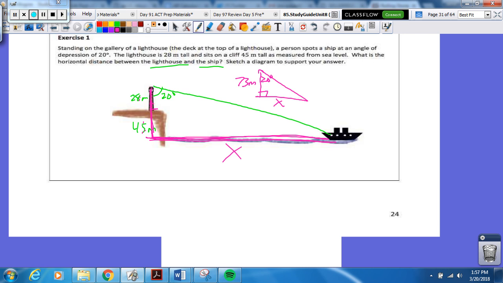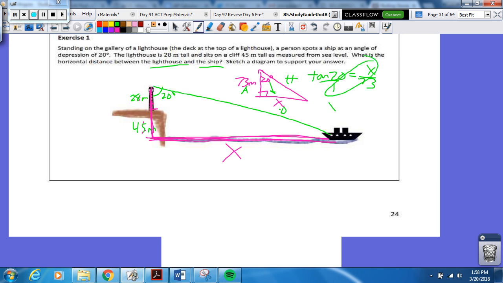Okay, let's mark it up. So this is my hypotenuse. This is the opposite side, and this is the adjacent side. So therefore, I have the tangent. Again? Yeah, again. Tangent of 20 equals X over 73. All right, so let's cross multiply.